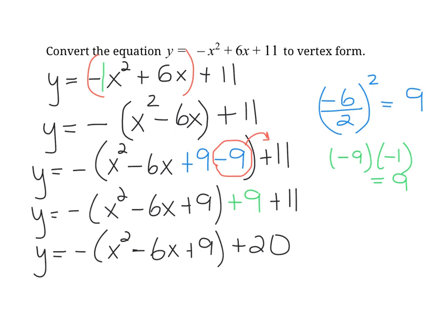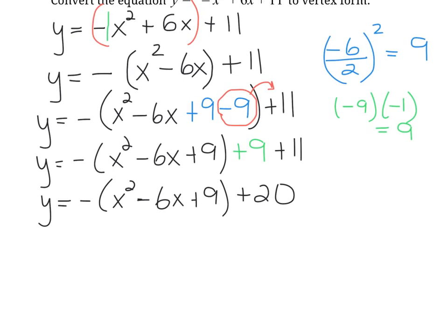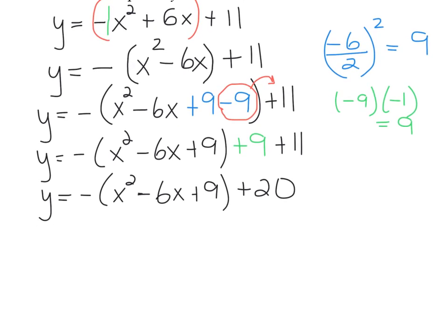And our final step is just to create the factored little bracket. So I'm going to keep the y. We still have our -1 in the front. I'm going to make a smaller bracket. I'm going to square that bracket, and I'm going to keep the 20 on the end.